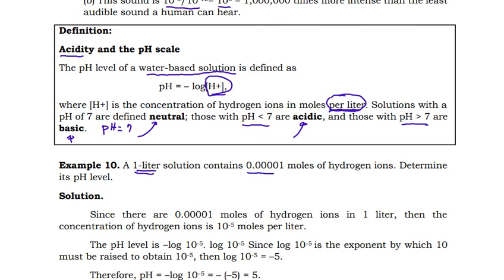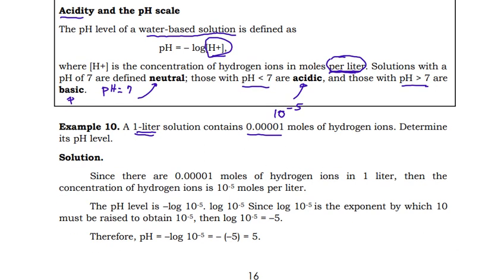The solution contains 0.00001, so 1, 2, 3, 4, 5 places, which is equivalent to 1 times 10 to the power of negative 5 moles of hydrogen ions. Determine the pH level. This is equivalent to H+, so for the pH, we write negative of log of 10 to the negative 5.